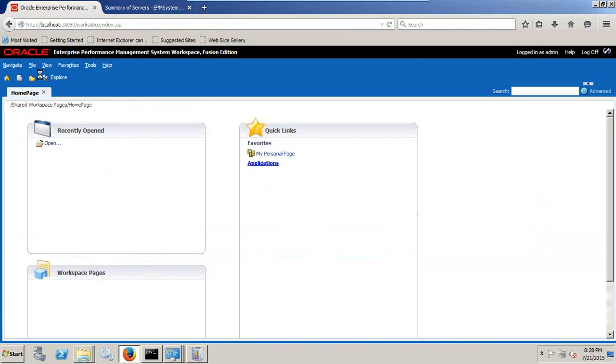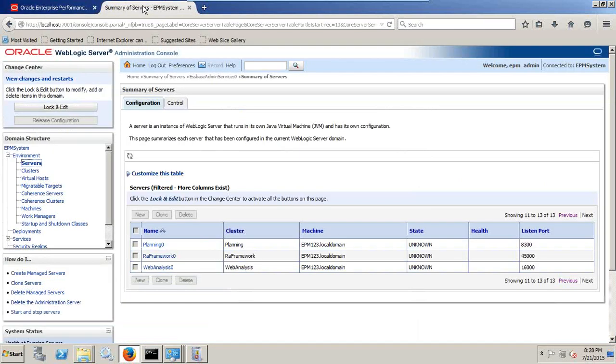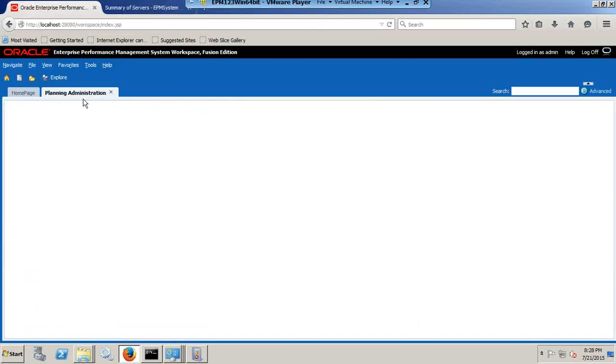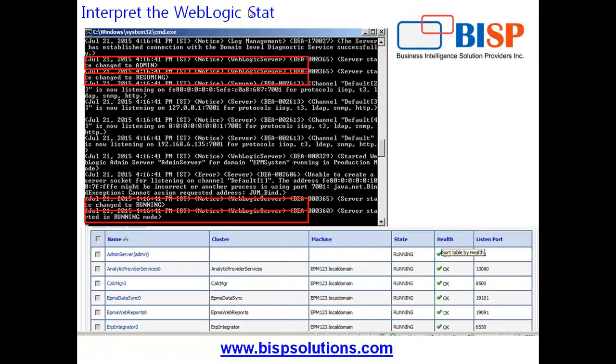When I start my planning, it is still showing unknown state, but I'm able to open this. It is coming up a little slow. So services and WebLogic, this is the order: look at your service, look at your WebLogic server.